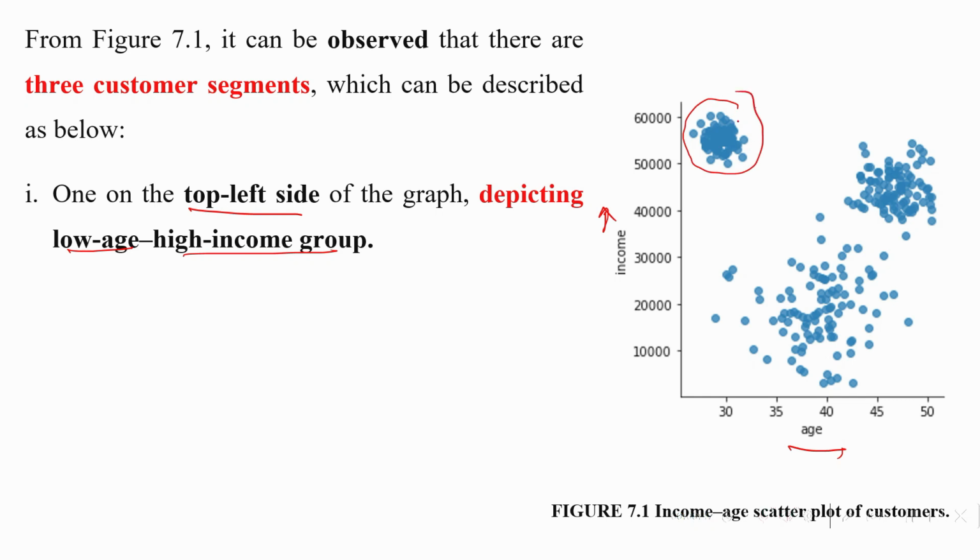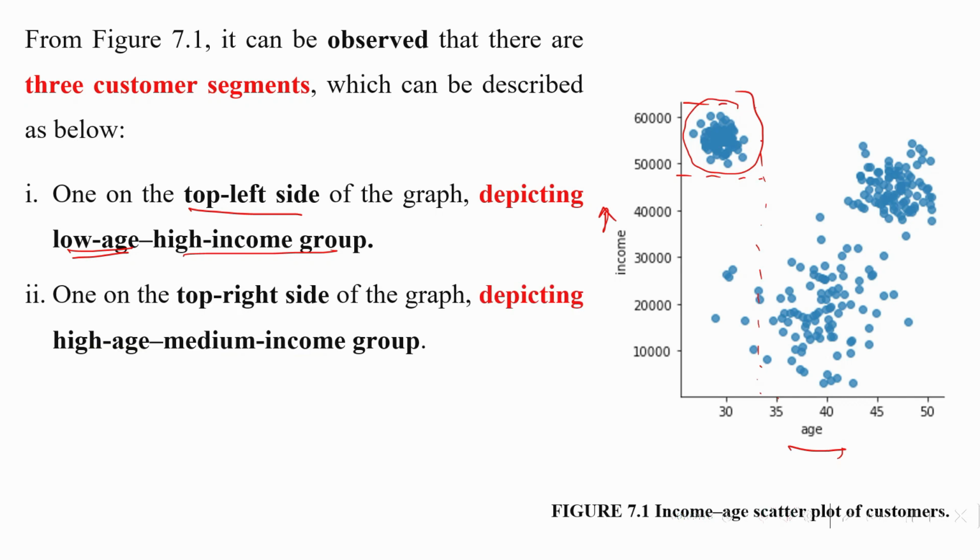All the elements here belong to one group, which we can describe as a low age group and high income group. The age of these people is below 35, and the income is high, between 50,000 and 60,000. So that is one group.